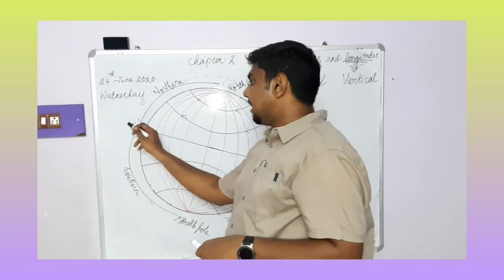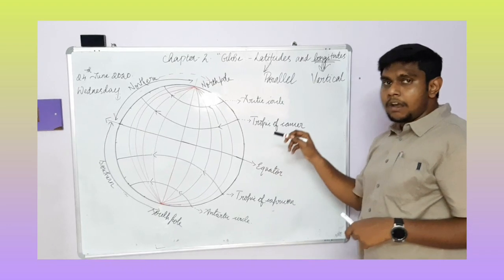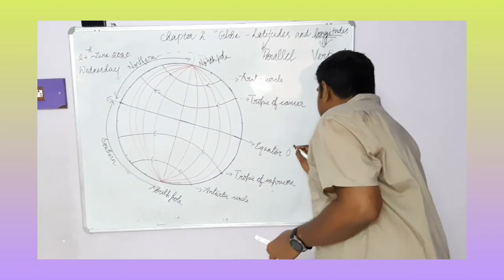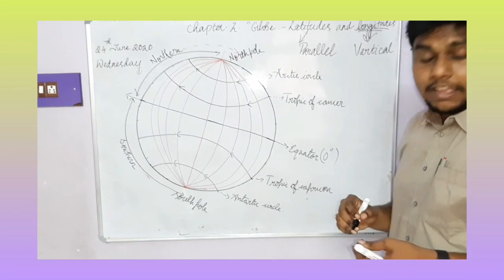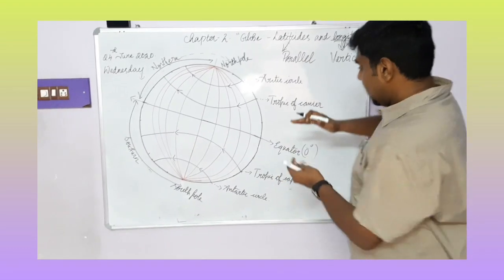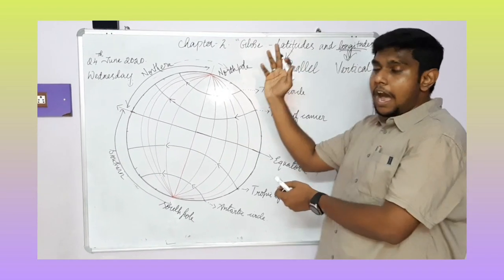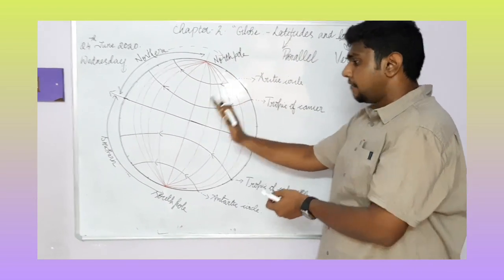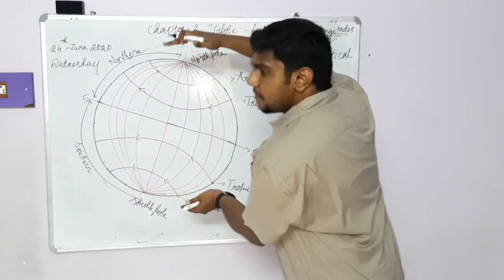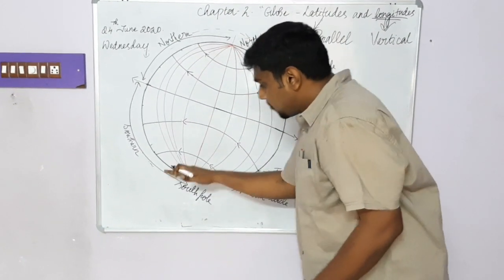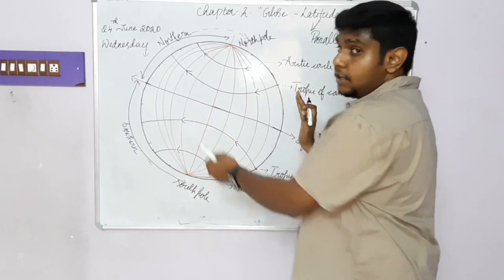We start with the equator. Equator is the longest latitude, with 0 degree. So the angle for the equator is 0 degree. This equator divides the earth into two halves, the northern half and the southern half. Our earth is flat at the top and bottom and bulging in the middle.